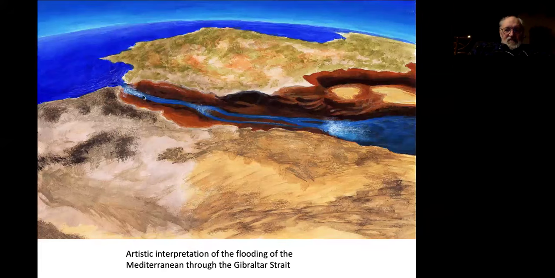So here's a sort of cartoon of the initiation of this process. But in terms of flooding, this is fed by the entire world ocean. And it produced a massive cataract, much bigger than the Dry Falls cataract, which is evident in the bathymetry of the Strait of Gibraltar.